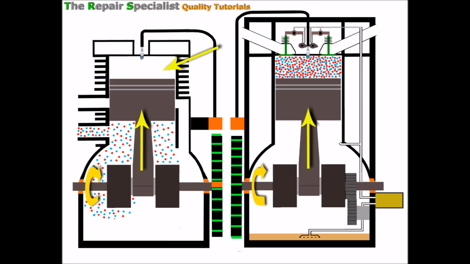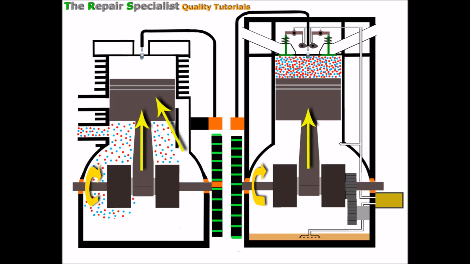But if we take a look over at the 2-stroke engine, we've still got nothing here above the piston, so there's nothing being compressed as yet. But what we can start to see here is air and fuel coming in from the inlet port and filling the crankcase area underneath the piston. Because what's happening there is the air and fuel is being drawn out of that inlet port by the rising of the piston.